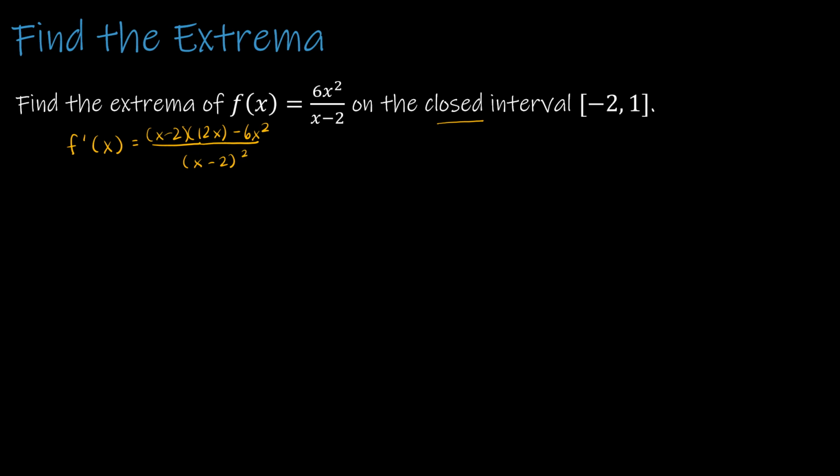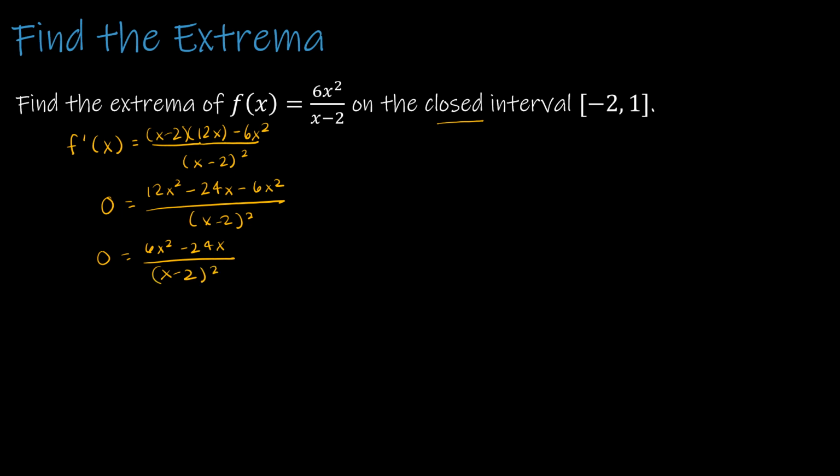Now I'm going to set that equal to 0 and say, let's do some cleanup. So 0 is equal to 12x squared minus 24x minus 6x squared. And of course, I would then be able to simplify that a little bit further to get 6x squared minus 24x over x minus 2 quantity squared.